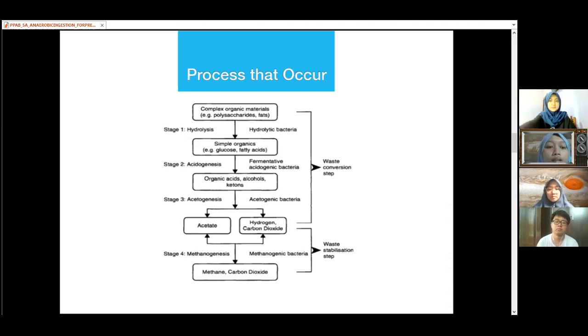The final stage is methanogenesis, which produces methane by two groups of methanogenic bacteria. The first group is called acetate splitting, which converts acetate to methane and carbon dioxide, and the second group uses carbon dioxide as an electron acceptor and hydrogen as an electron donor to produce methane. Next.